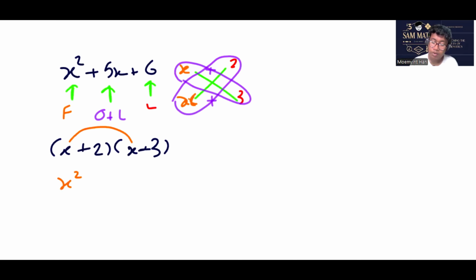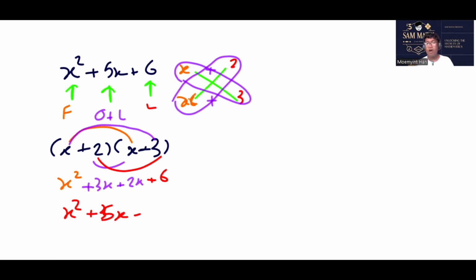And then we're going to multiply outside two, which is plus 3x. We're going to multiply inside two, which is plus 2x. And then we're going to multiply last, so it's going to become 6. So the equation becomes x squared plus 5x plus 6. So this is working. What we've done so far is working.